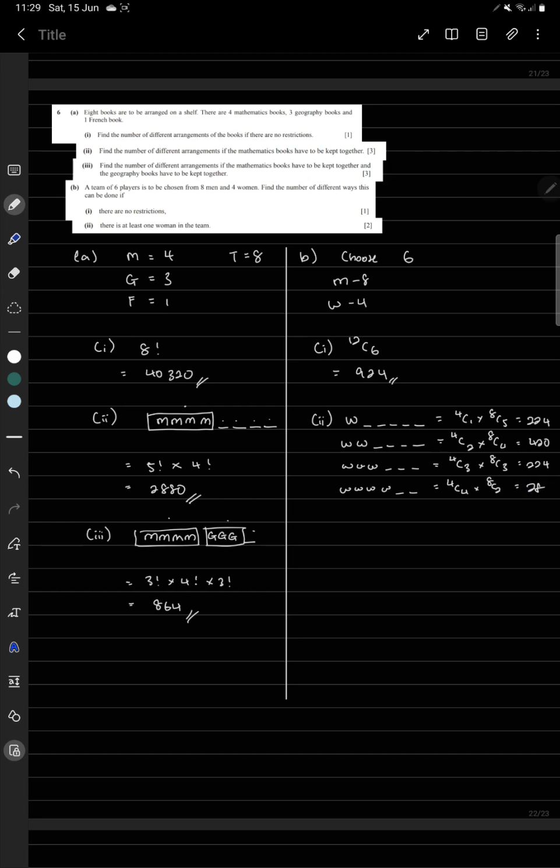Since we're dealing with different events here, we are going to add everything together. We have 224 plus 420 plus 224 plus 28, and we'll have 896 ways.